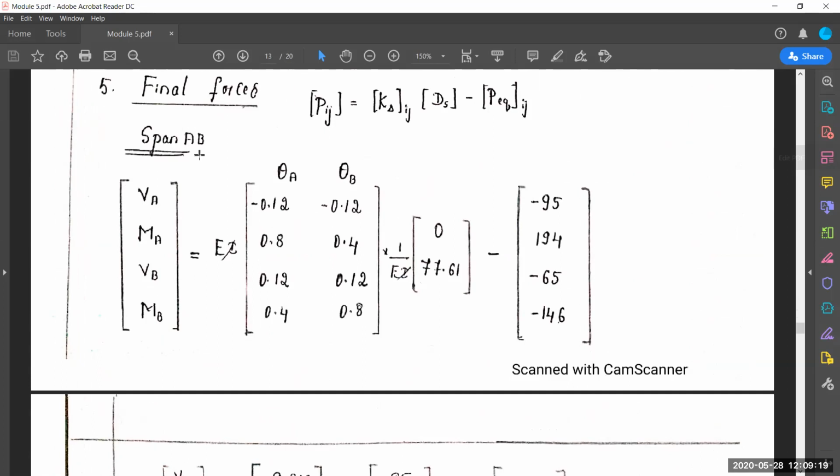Under AB span, how many rotations are there? One is theta A, another one is theta B. There are two rotations available. So however many rotations there are, that much you write. Or else you keep it as simple as it is. If AB is there, you write theta A and theta B. If BC is there, what will you write? Theta B, theta C. Simple.